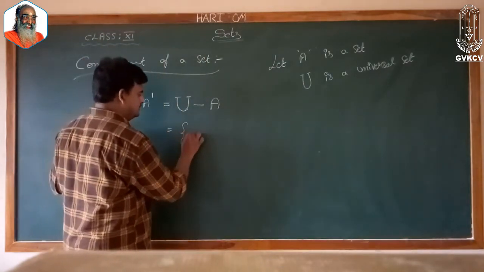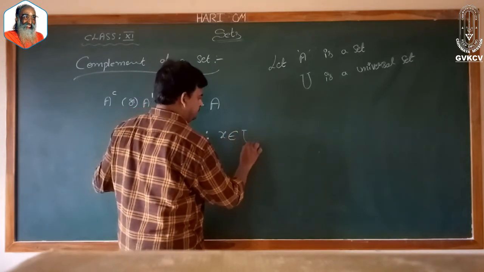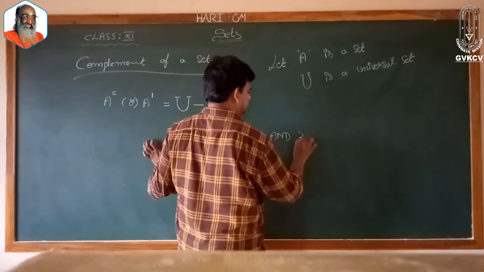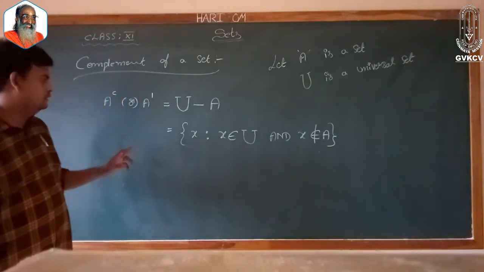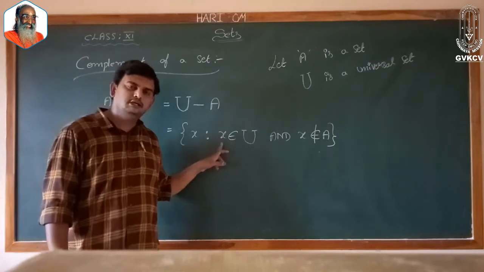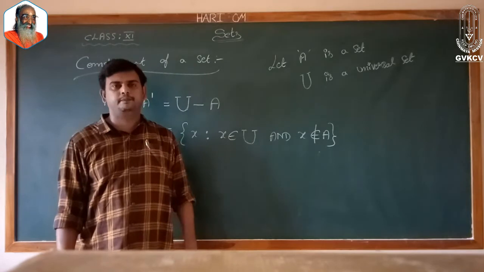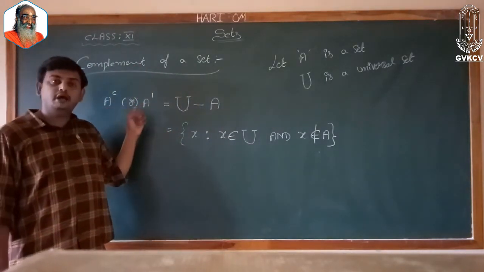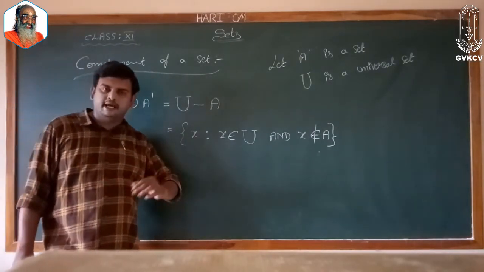Its set builder form is X such that X belongs to universal set U and X does not belong to set A. Where is the element X? It is in the universal set, but it is not in set A. So this is called A complement or A dash.